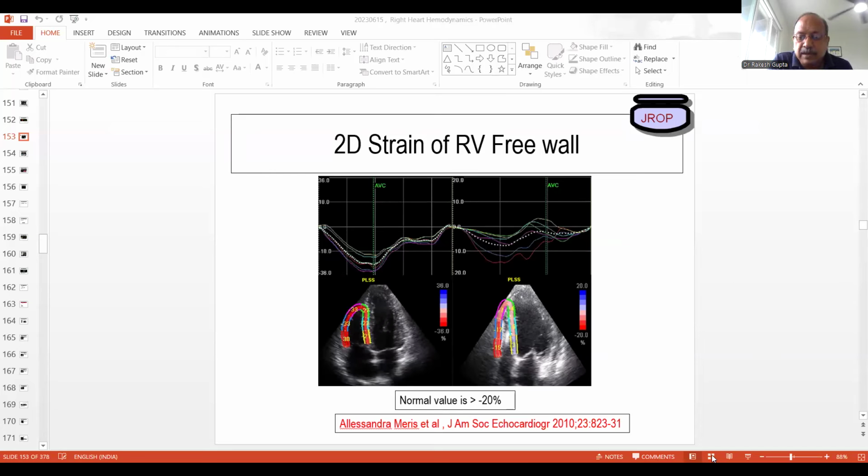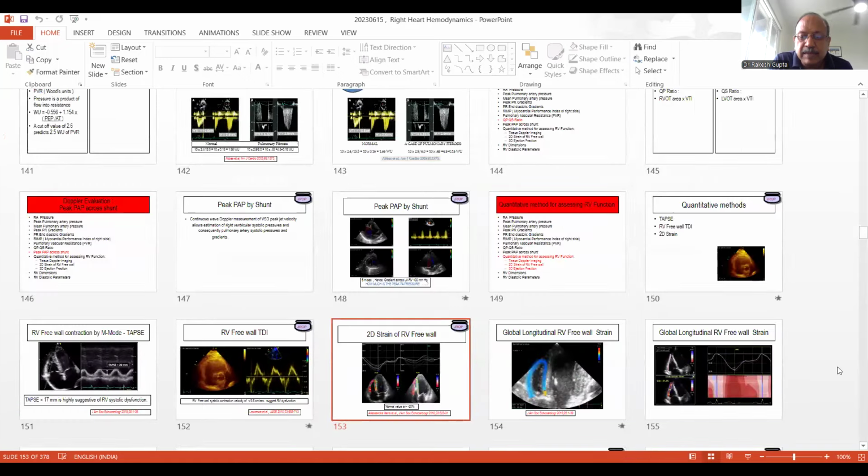Sir, should we measure TAPSE in every patient where we see right ventricular dilatation? Tanay, in my practice, I always measure my TAPSE whether I see a dilatation or not, because in my routine echocardiography, this is the only point which tells me about RV systolic function.